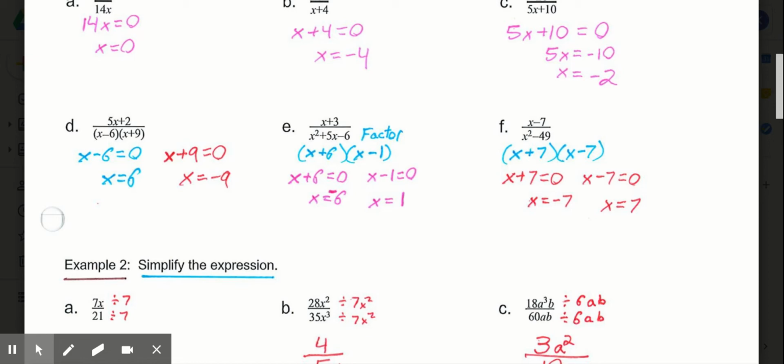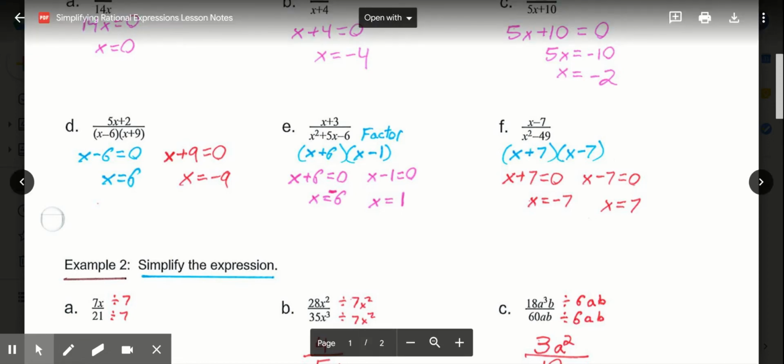And then in F, we have x squared minus 49 on the bottom. We need to factor that, and it factors to x plus 7, x minus 7. Then we set each of those equal to 0. x plus 7 equals 0, x minus 7 equals 0. Solve for x, and x could be negative 7 or positive 7.